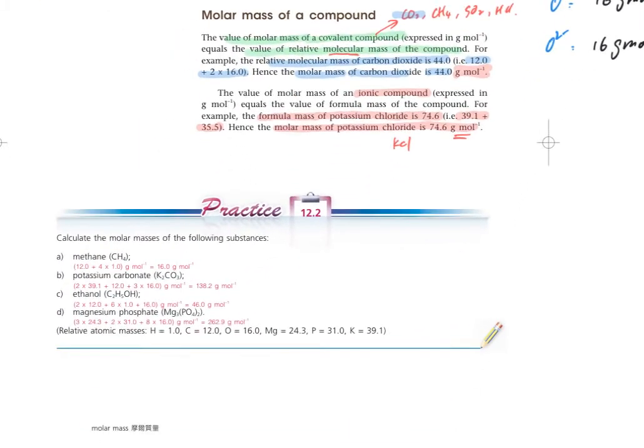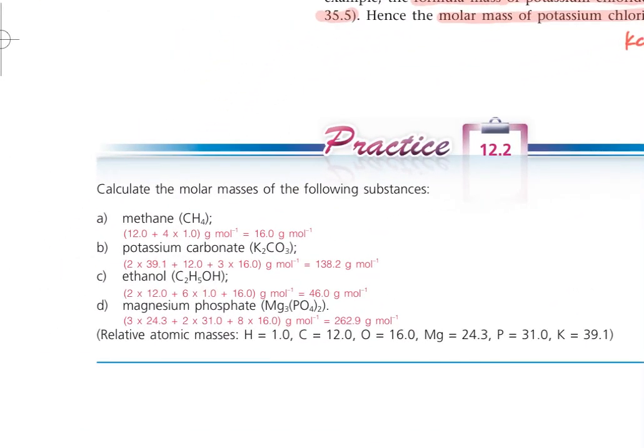So here is the practice. The question asks you to calculate the molar mass. Remember that this is a molecule, so the number just comes from the relative molecular mass. And part C is also a molecule, so the number also comes from the relative molecular mass. And for part B and part D, because they are ionic compounds, we say that they are the formula mass.